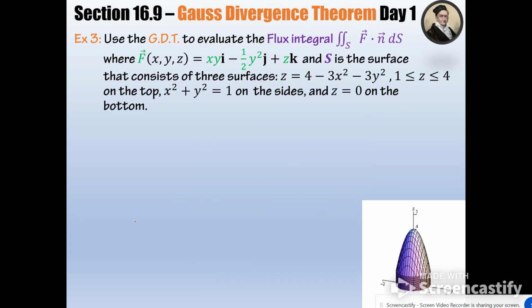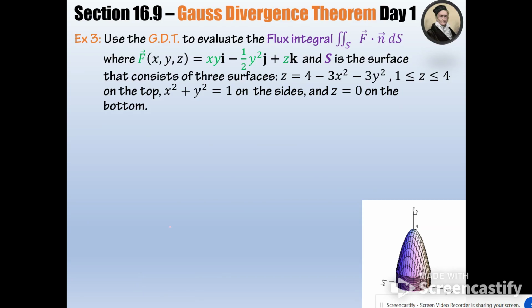So here, notice that it asks you to use the GDT to evaluate the flux integral. And I have 3 surfaces. Z equals a cone, but that cone looking thing, or that paraboloid looking thing, goes from only 1 to 4.